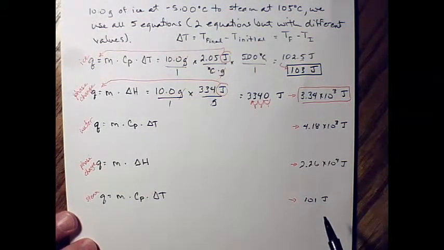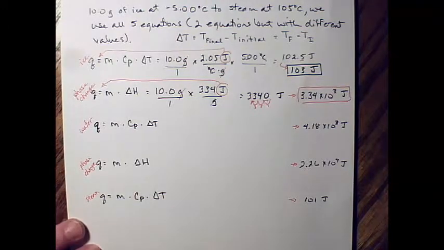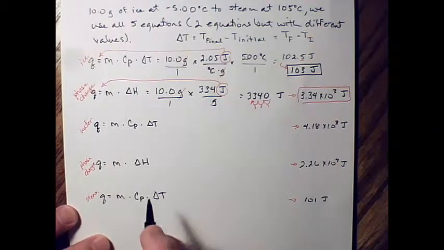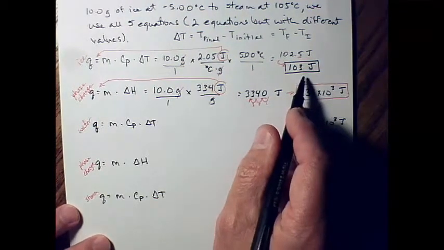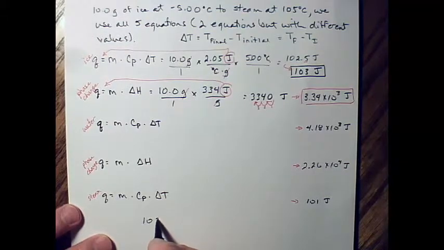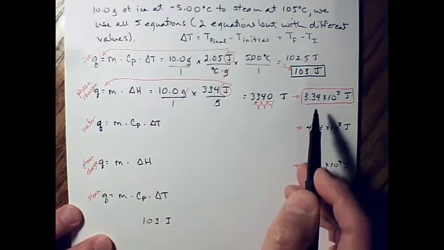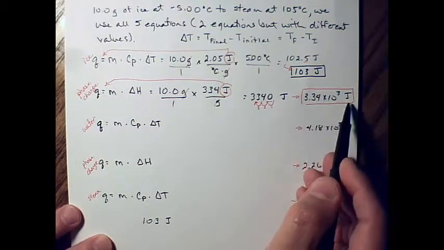you can put it in your calculator and still keep up with the significant digits if you know how to do that. If you don't, it's important that you keep up with the significant digits correctly. I'm going to add them up vertically the way that I taught you when we have missing digits in the 1s and 10s places. So if I have 103 joules here, I've got 3.34 times 10 to the 3rd.